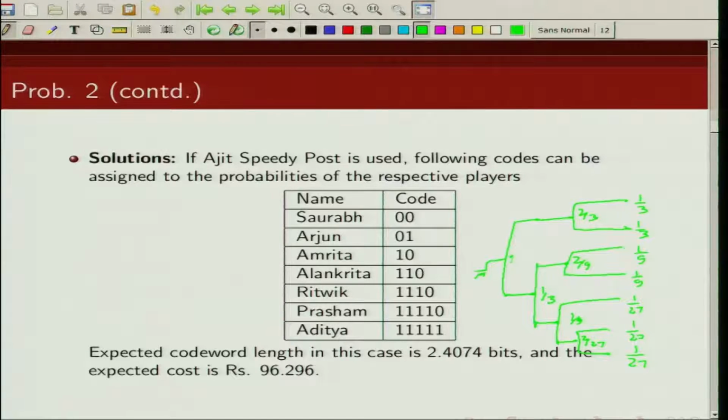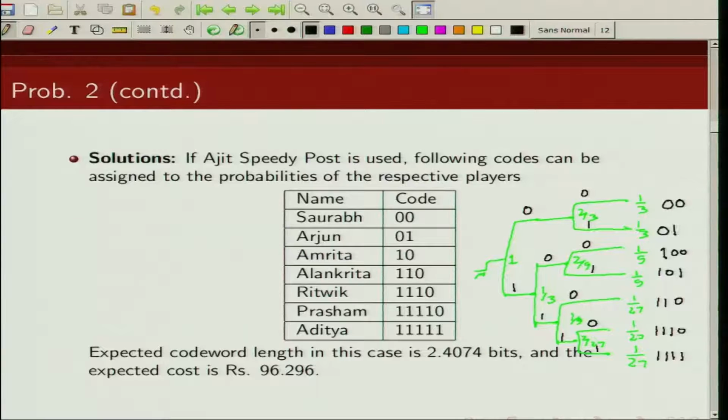This is probability 1, and if we assign zeros and ones here, 0, 1, 0, 1, 0, 1, 0, 1, 0, 1, then the code words will be: this one 0, 0, this will be 0, 1, this will be 1, 0, 0, 1, 0, 1, this will be 1, 1, 0, this will be 1, 1, 1, 0, and this will be 1, 1, 1, 1.